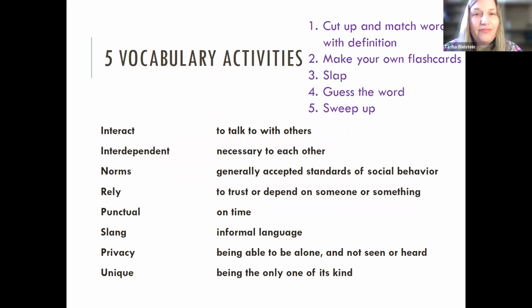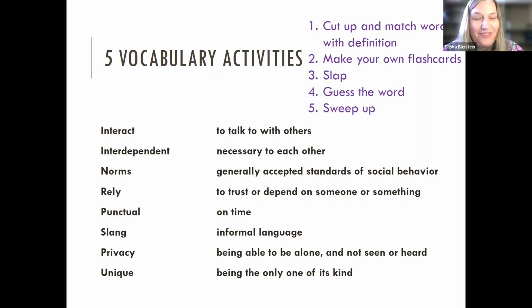And here's an example of intermediate level students. So these words are obviously harder. Last time we talked about using an English Learner's Dictionary. So these definitions come from an English Learner's Dictionary, like the Longman Dictionary. And then I could do this with handwriting, or I can print them out and cut them up.